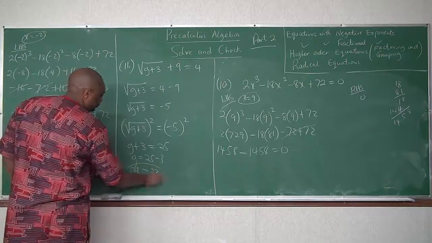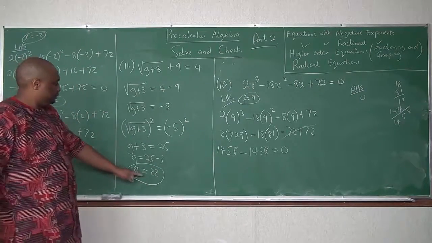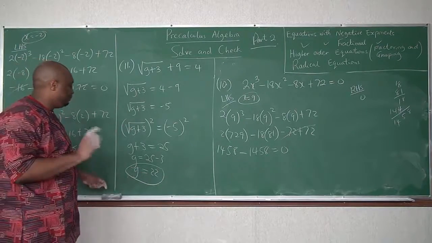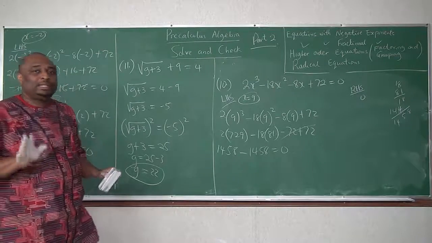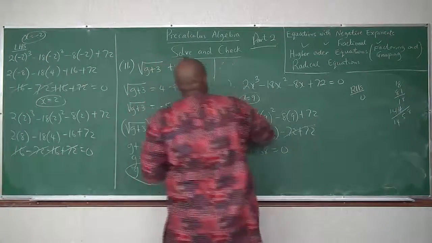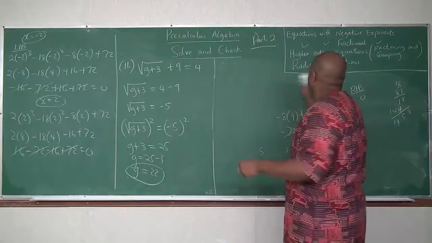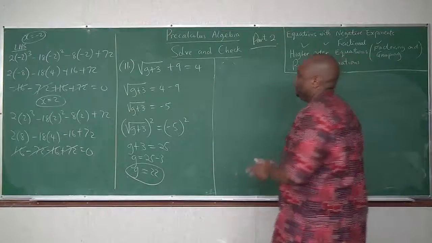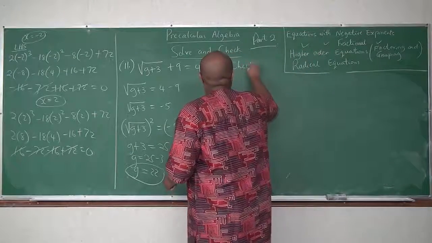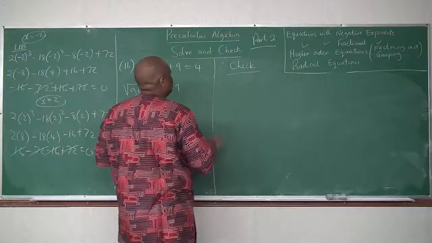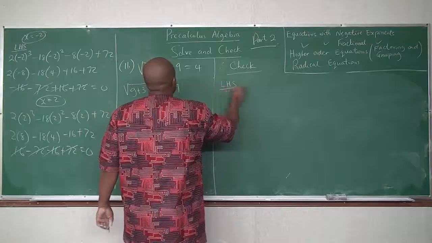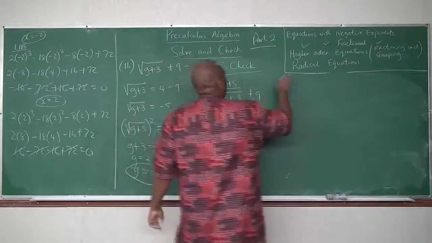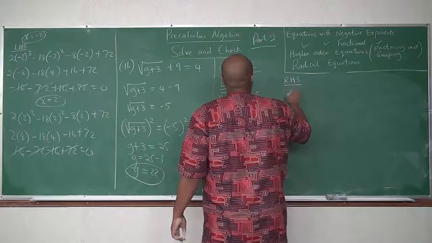Okay. If you check this now, if you are considering only positive square root, then this will not have a solution. Because when you check this with the main equation, the left hand side is square root of g plus 3 plus 9, and then the right hand side is 4.